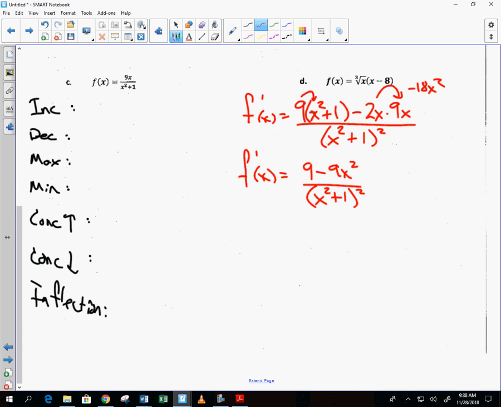Okay, so what we have to do is we got to do some interval testing here, okay? We got to consider where the top is equal to 0, where the bottom is equal to 0. So does the top factor? Factors to what?